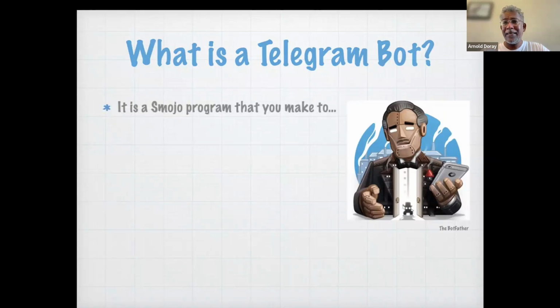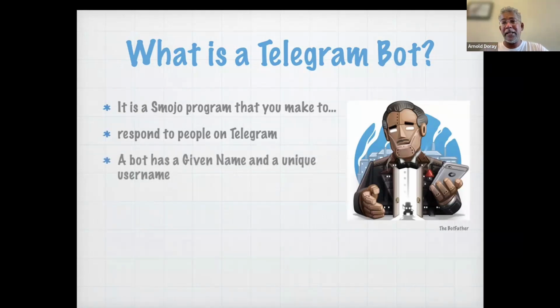A Telegram bot is basically a Smojo program that communicates with Telegram, and the Smojo program will respond to Telegram messages. Each bot needs a given name, like assistant or whatever you would like, but it also needs a unique username.